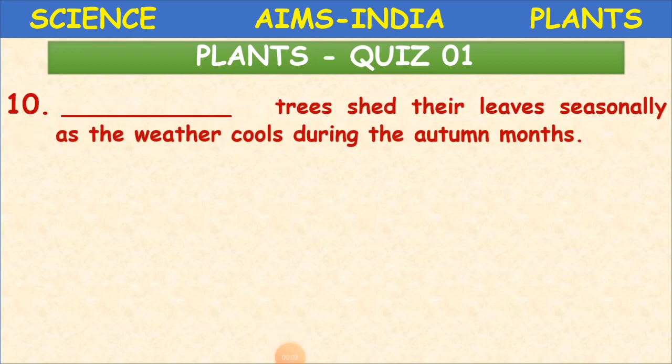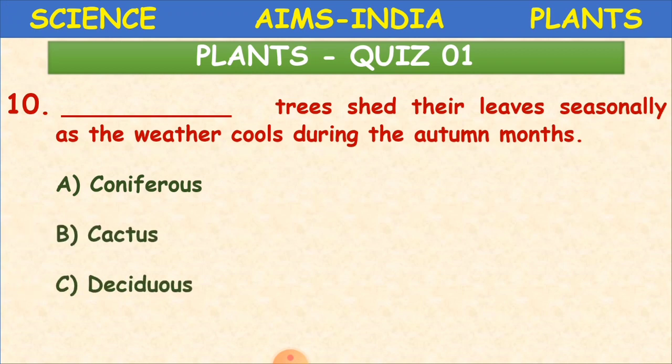Dash trees shed their leaves seasonally as the weather cools during the autumn months. So it is not in winters, it is in autumn months that these trees shed their leaves. What are they? Coniferous, cactus, deciduous or duckweed. The answer is deciduous.